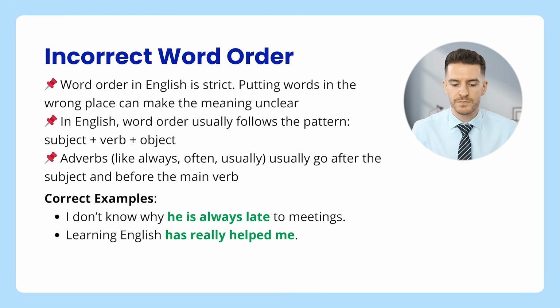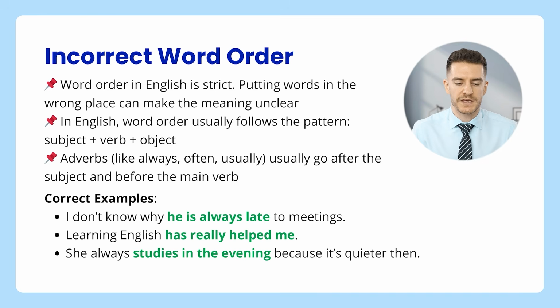Okay, pretty simple, has really helped me. And finally, she always studies in the evening because it's quieter then. So these are just some basic examples of correct word order. So just remember, word order matters. Even just small changes or small mistakes can make your sentence sound unnatural and sometimes even a bit confusing.